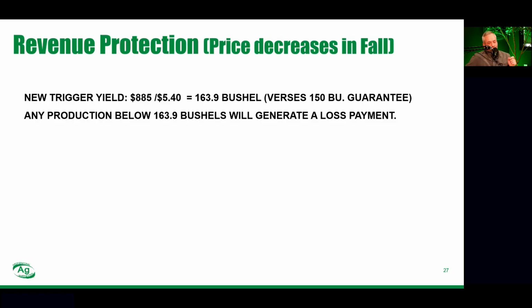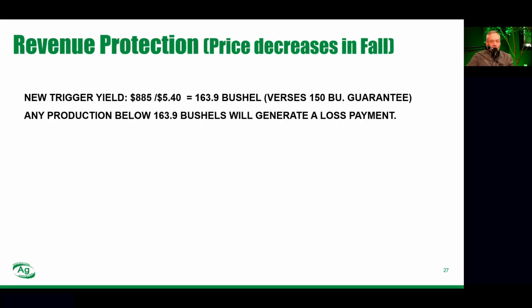Very good stuff. The way we calculate that new trigger yield, if the price would have been $5.90, our trigger yield would have been 150 bushels, same as yield protection, right? Since the price went down 50 cents, the way we calculate our new trigger yield is we take our original dollar guarantee, $885, divide that by the harvest price, and that creates a 163.9 bushel guaranteed yield.